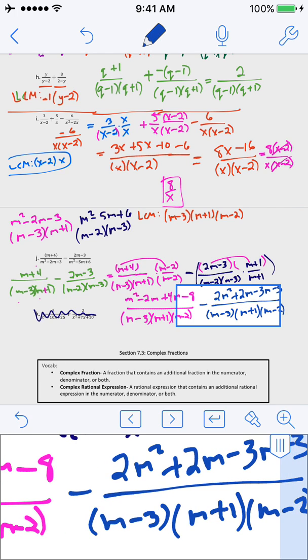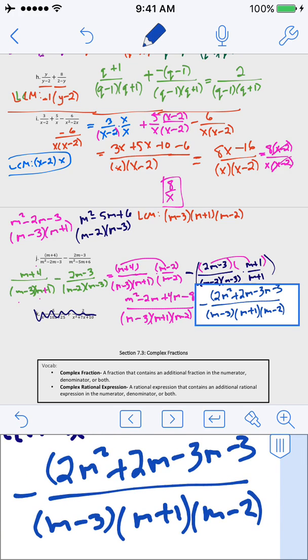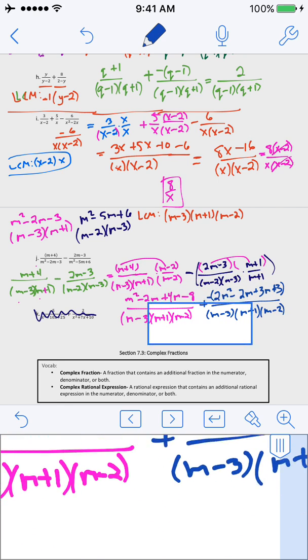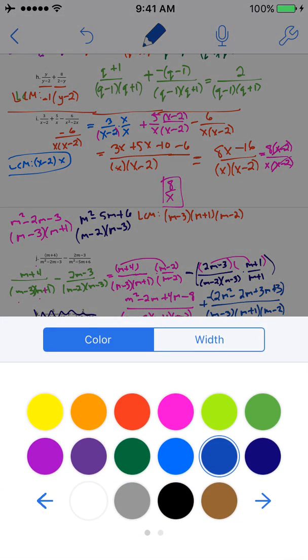Those two are being subtracted. So now I will subtract. I can change all of these signs to negatives. I'm adding the negative version. This one becomes a negative, this one becomes a positive, that becomes a positive. And we end up with the final answer.